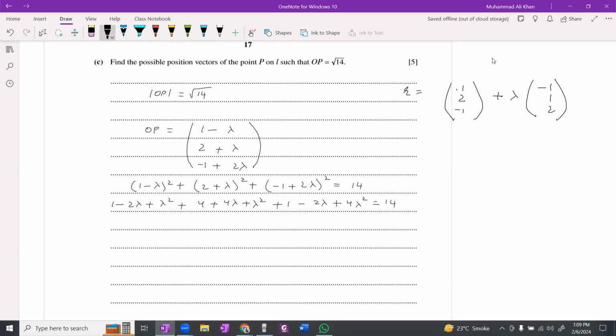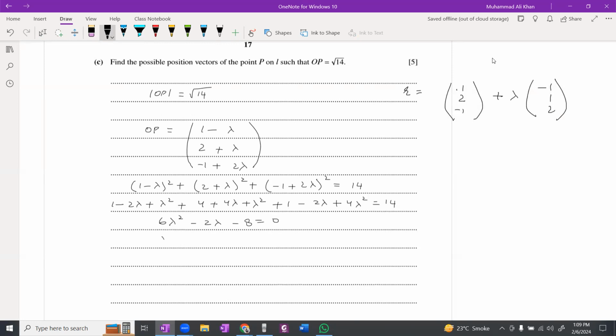Now the quadratic equation that comes out will be 6 lambda squared minus 2 lambda minus 8 equals 0.